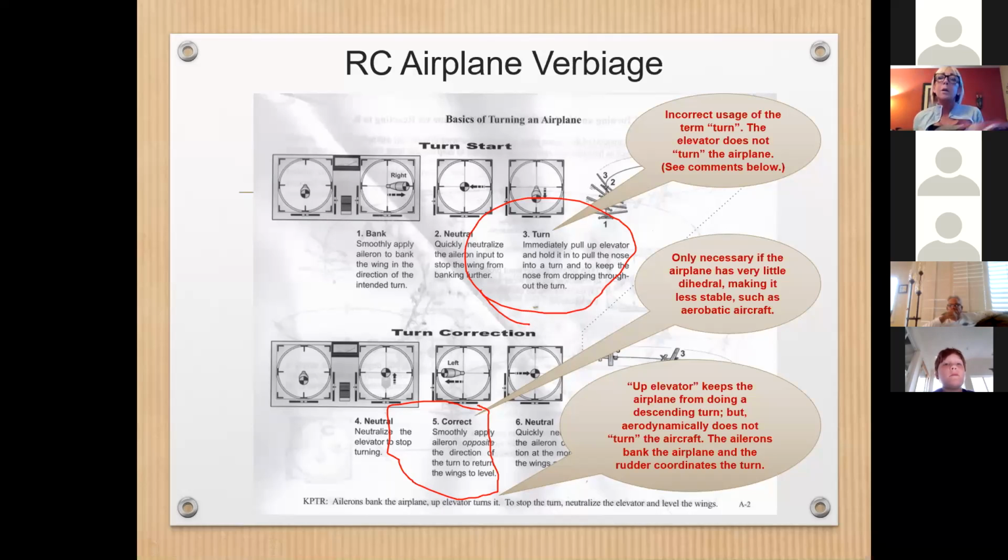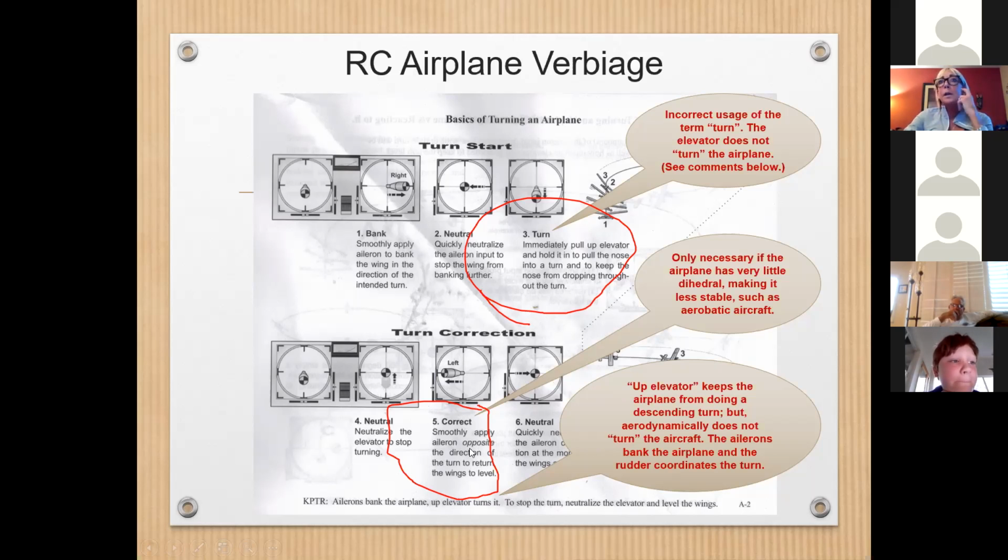So that's why we talked about stability before we opened up this page. The aerobatic airplanes, some of them will be less stable. They'll have less dihedral, and then you will potentially have to correct the other direction. So that'll be a fun thing for you guys to practice with out there.